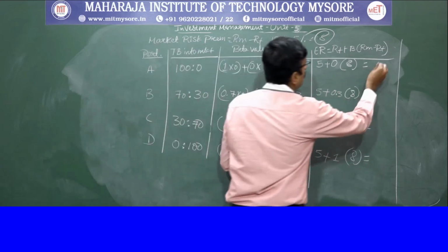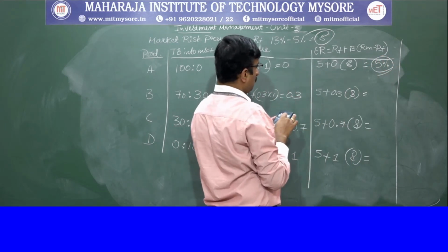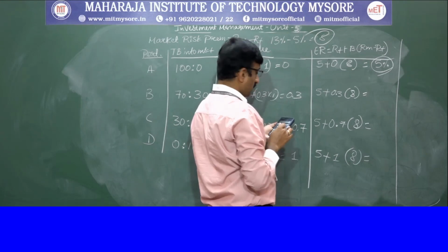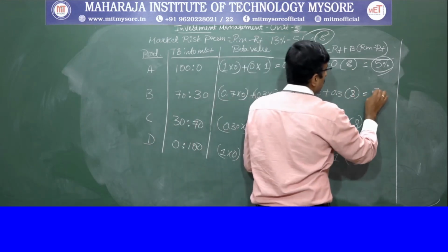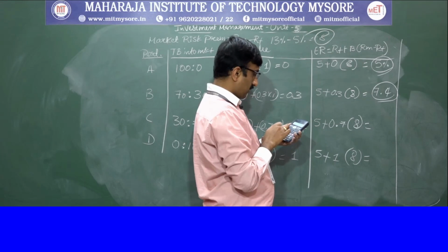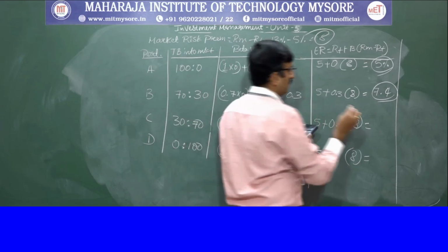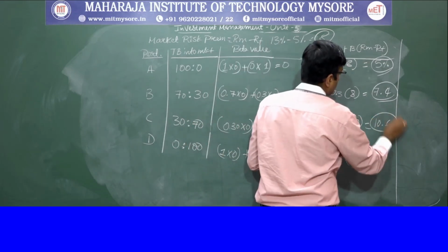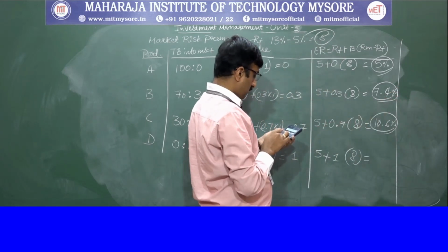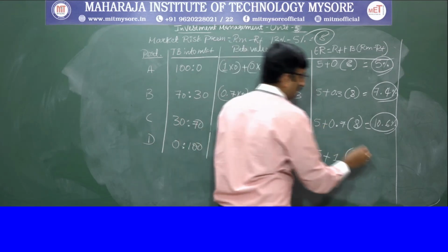The first is 5%. Then 0.3 into 8 plus 5 gives 7.4%. Next, 8 into 0.7 plus 5 gives 10.6%. Lastly, 8 into 1 plus 5 gives 13%.